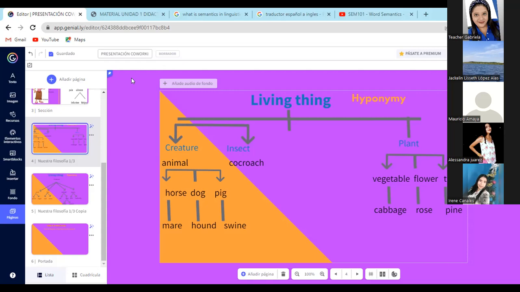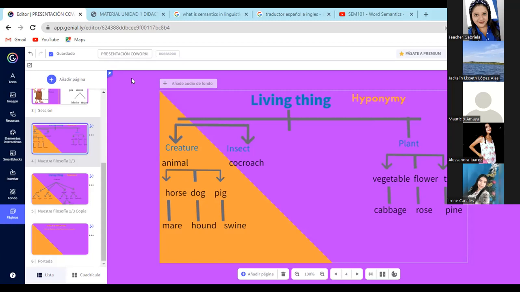Plant, cactus, vegetable. And I said suculenta and tomato. I don't know, is it clear? Is it correct? Sorry. Yes, it is okay.